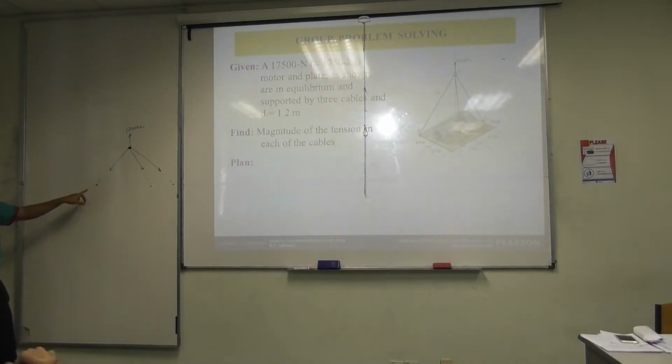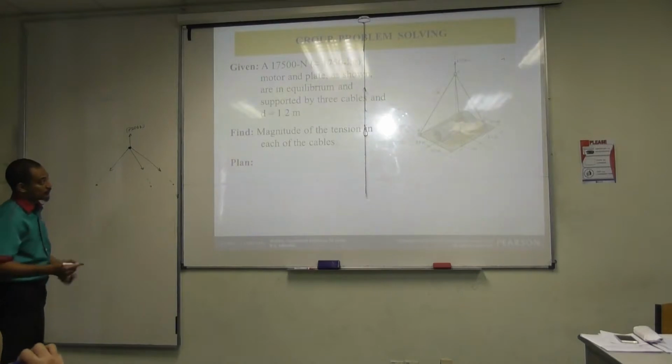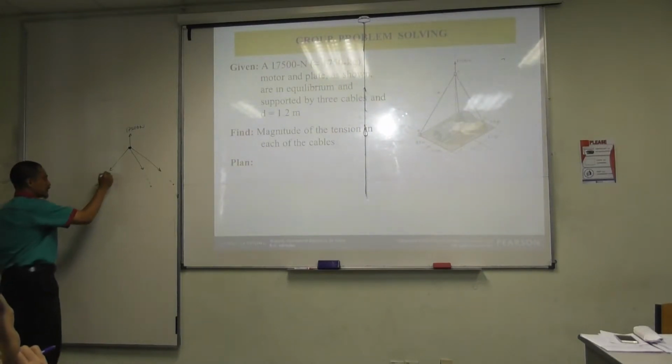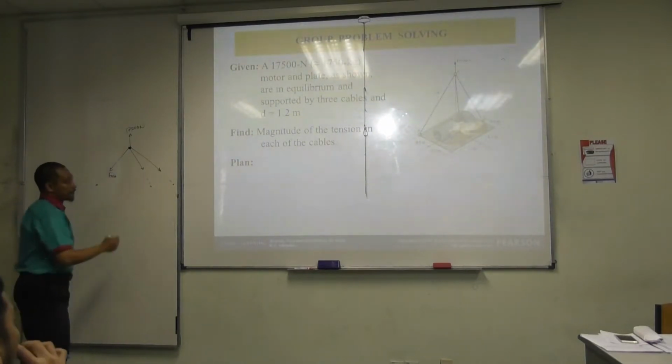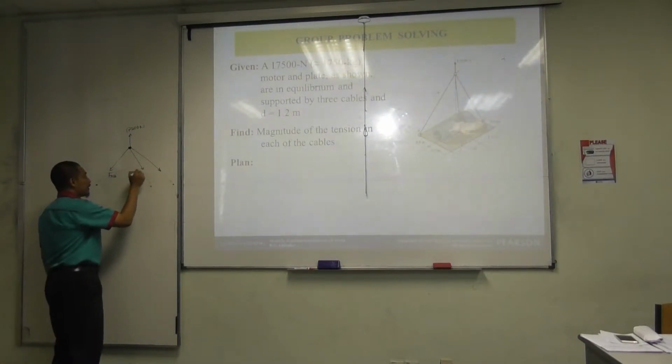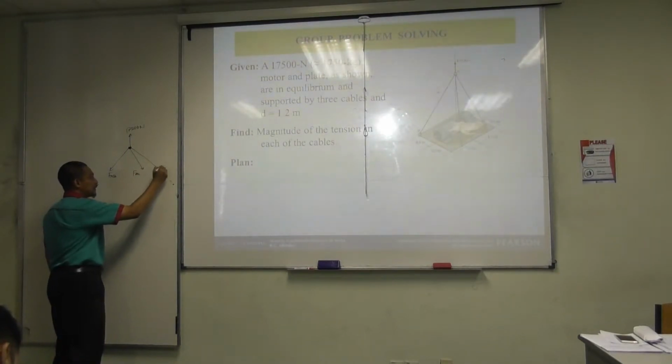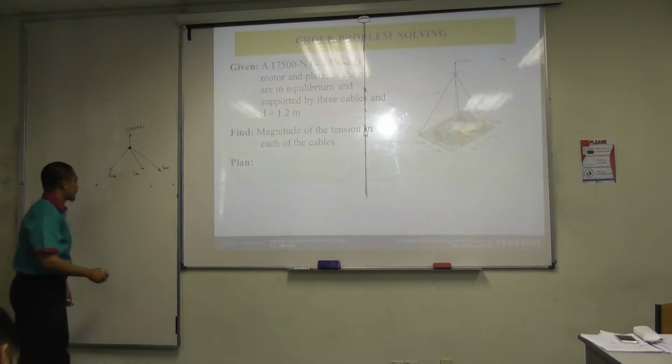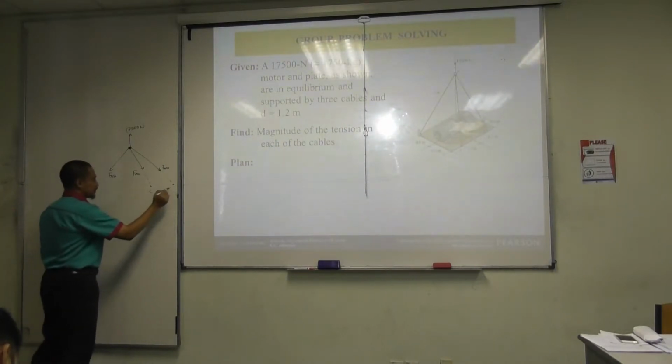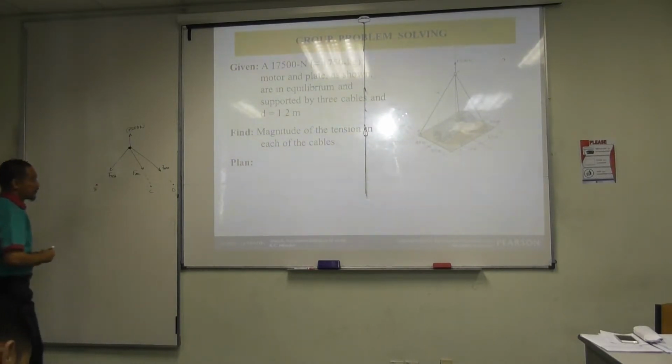But what we are concerned about is that this dotted line is not part of the structure, just to show the direction, because we need the coordinates to calculate the vector. So we can label this. Let's say this is FAB, FAC, FAD, where B, C, D are reference points.